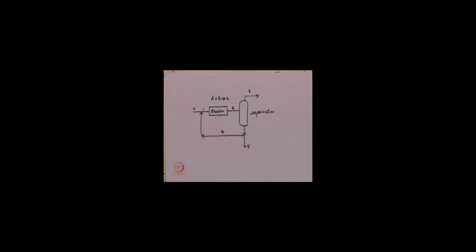And this reactor need not be a recycle reactor; it can be, for example, a CSTR, or it might be a PFR, or whatever might be the situation of your interest. So, what we would like to do is to take some examples of these two situations and go through the numbers to understand what are the new features that they bring into the process.